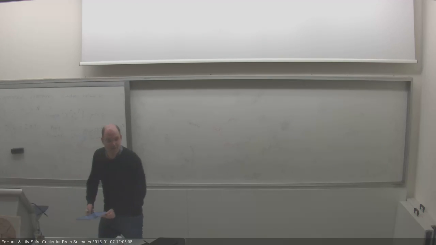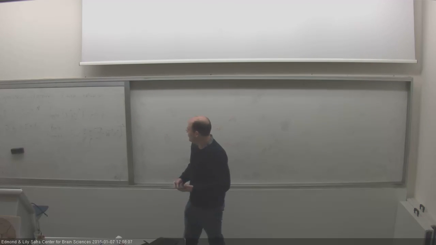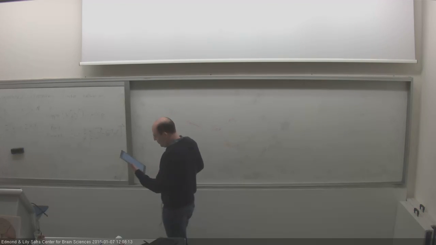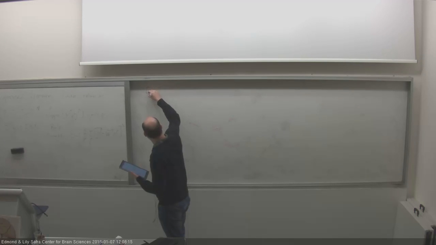Now, what I did last time is that I just took this expression, which is quadratic in the w's, and I rewrote it in a generic form for a quadratic function.